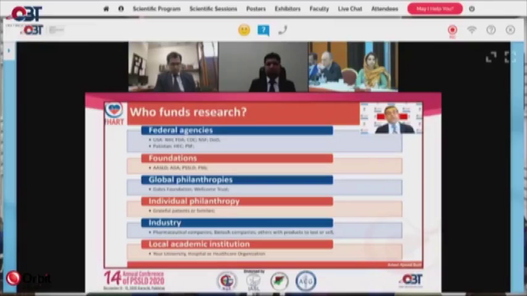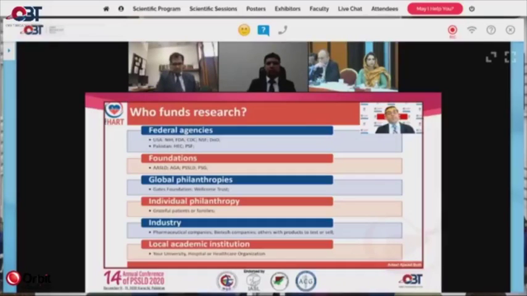Of course, the pharmaceutical industry provides research funding, and we will talk briefly about that as well. In addition to industry, biotech companies and other commercial companies which have products to test or sell may fund research for two purposes.